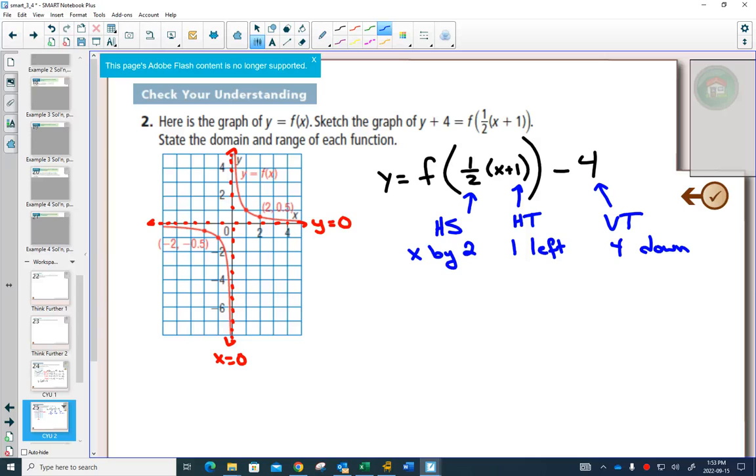To graph this, we'll take key points that are on our original graph. Okay? They've labeled some for us. Usually if they're labeled, those would be the ones you should use. So we're going to use the ones they've labeled. -2, -0.5. Oh, I don't like the ones they labeled.